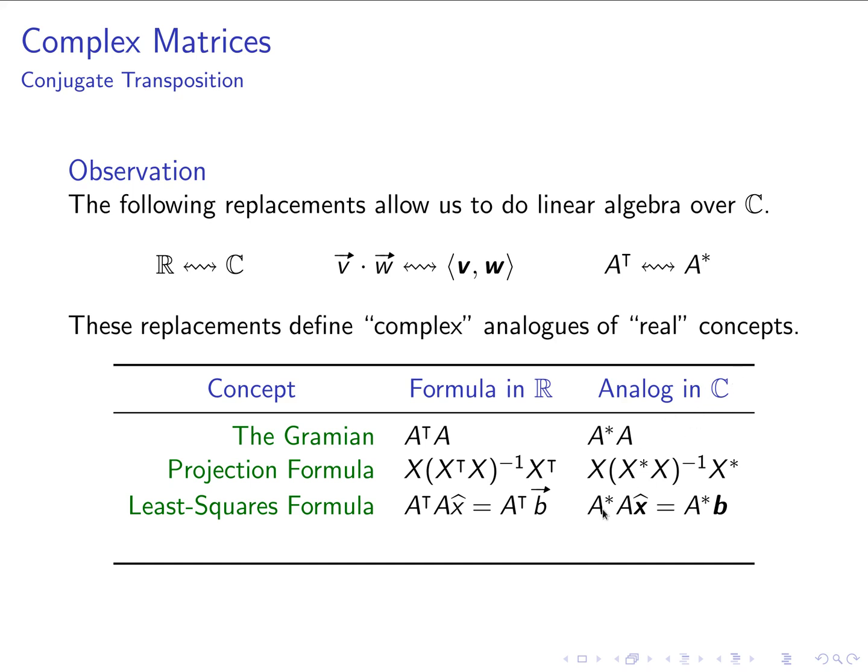So we work with A star A x hat equals A star B. Another fundamental fact about real matrices is that a matrix has orthonormal columns exactly when it obeys the formula Q transpose Q equals the identity. In the world of complex numbers, to check whether or not a matrix has orthonormal columns, we instead check the equation Q star Q equals the identity. Again, replacing the transpose with the conjugate transpose.